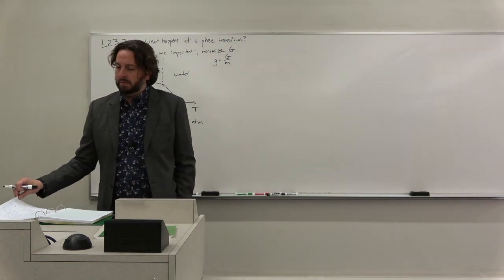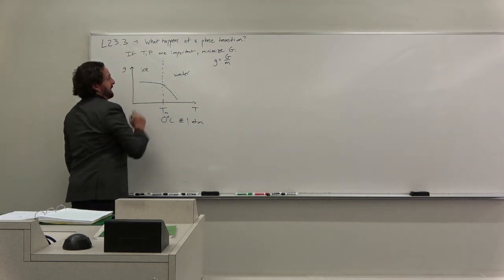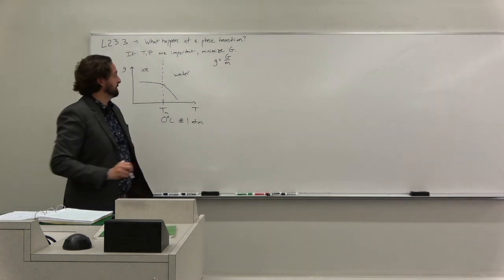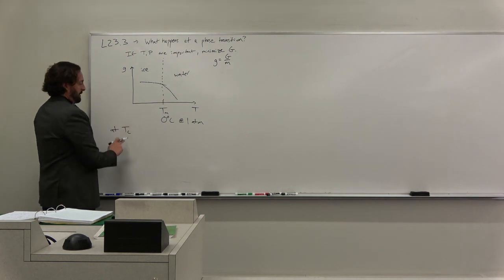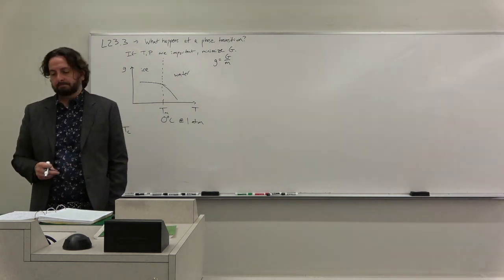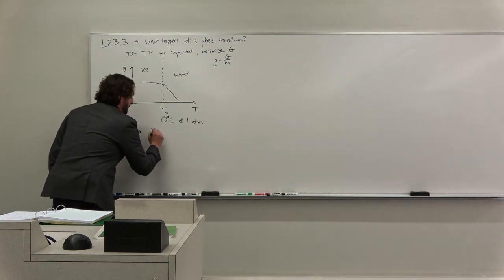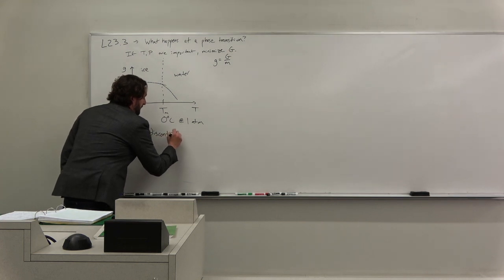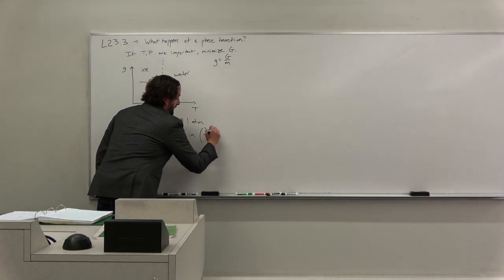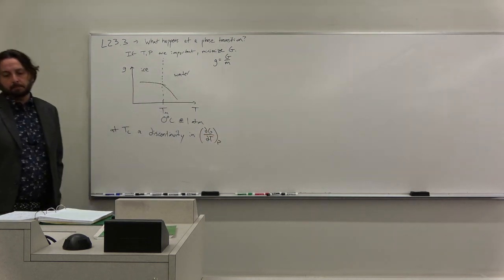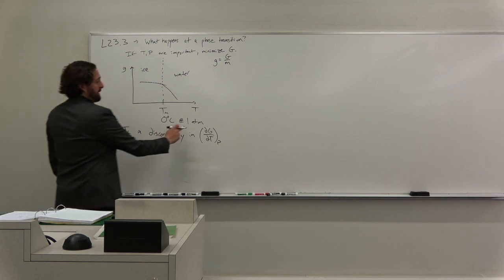You should be able to see that we had a change in the slope, right? So that means at a phase transition temperature, which I'm just going to call TC, a critical temperature, we're going to have a discontinuity in partial G, partial T. Again, this was at some constant pressure.